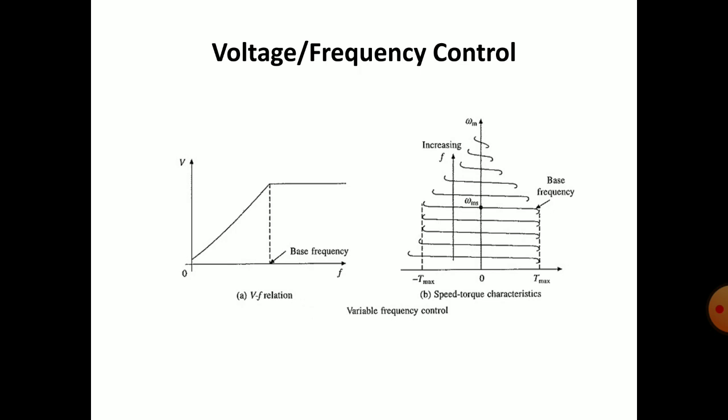Figure B is the speed torque characteristics. Up to the base frequency, the maximum torque developed by the motor is constant, and above the base frequency, the torque developed by the motor reduces, both in motoring as well as in braking mode.